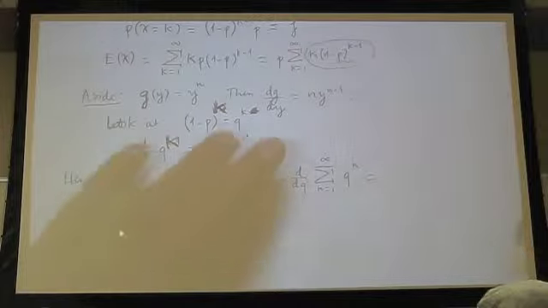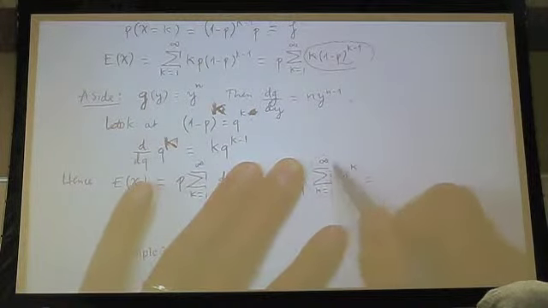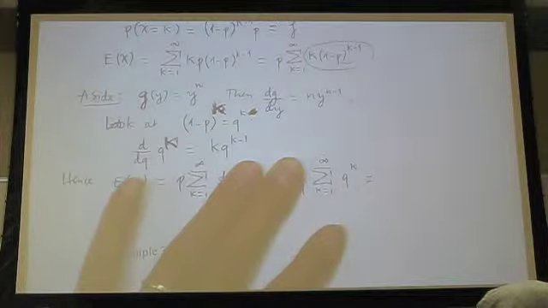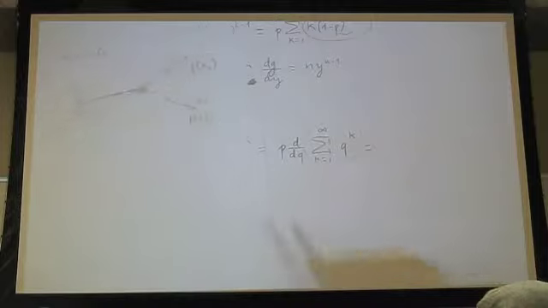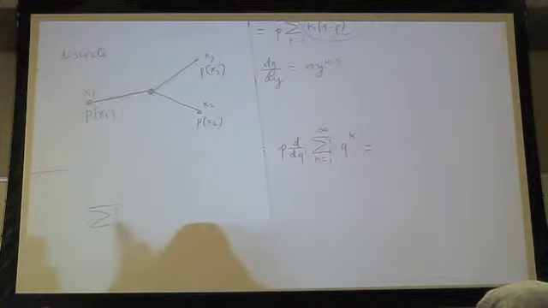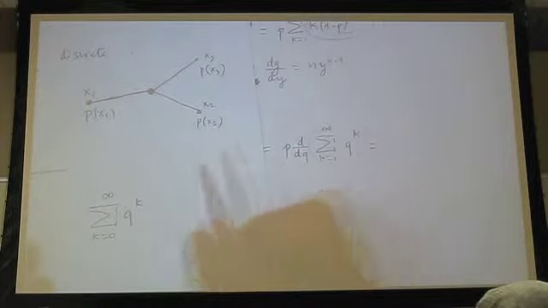So let's look at, before I take the derivative, the sum right here from k equal to 1 to infinity. What is that sum? If I have the sum k equal to 0 to infinity of q to the k, then what do I have?